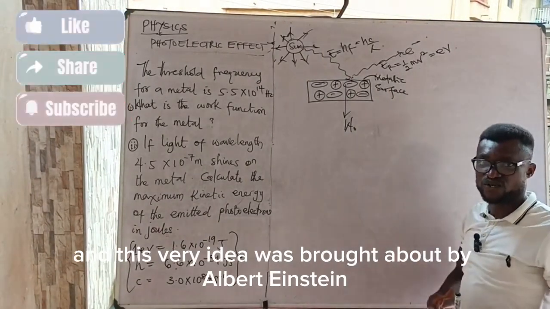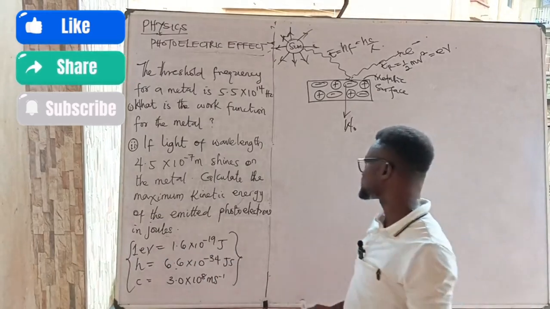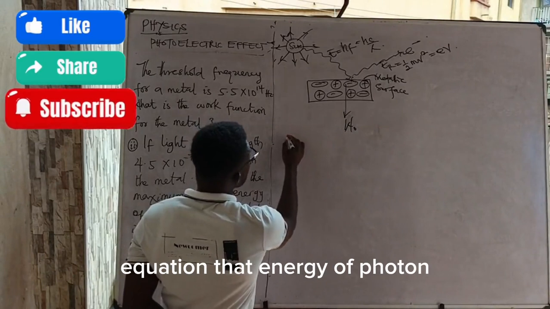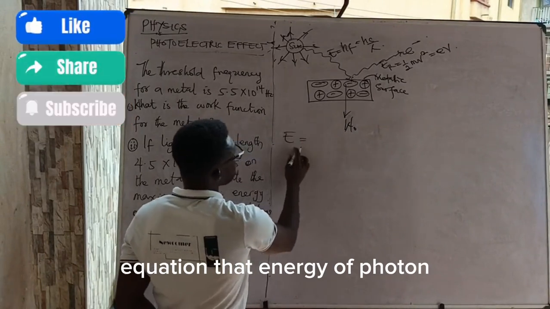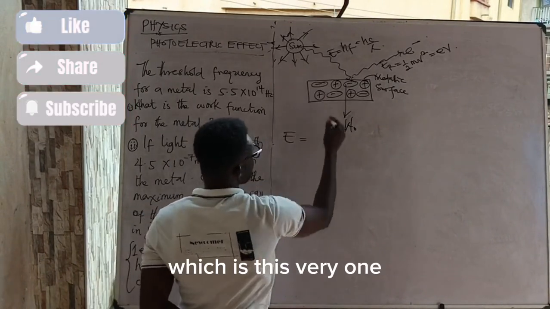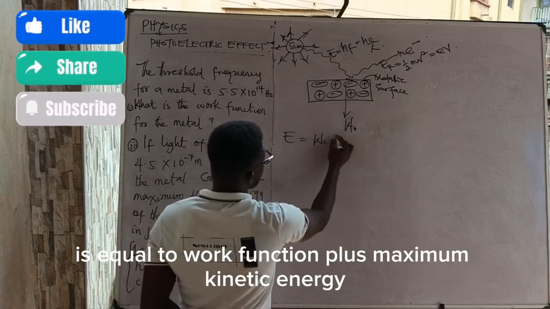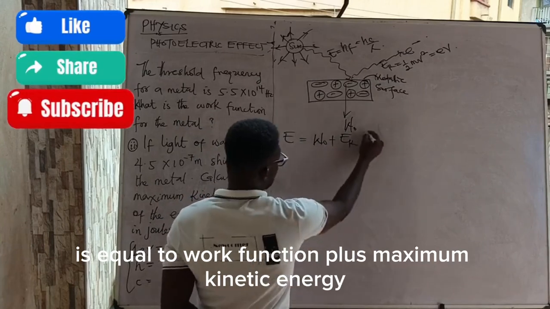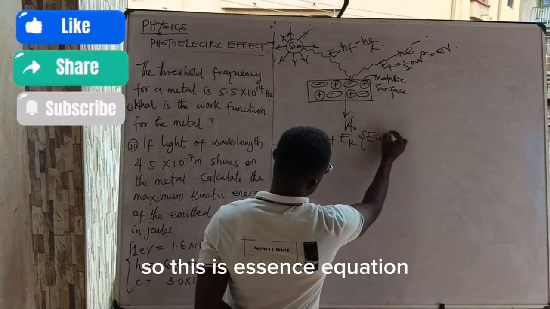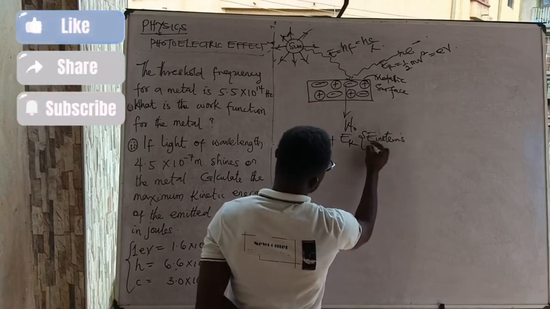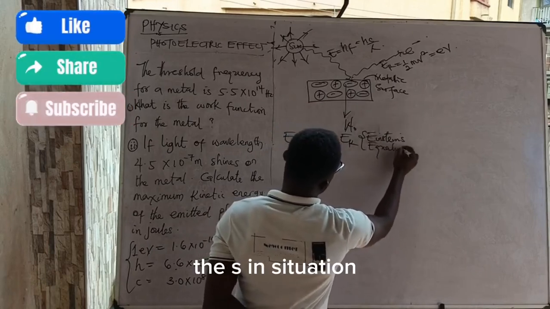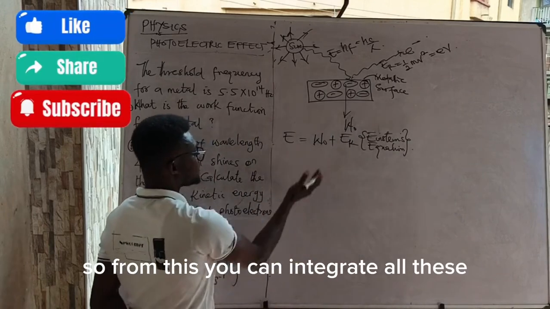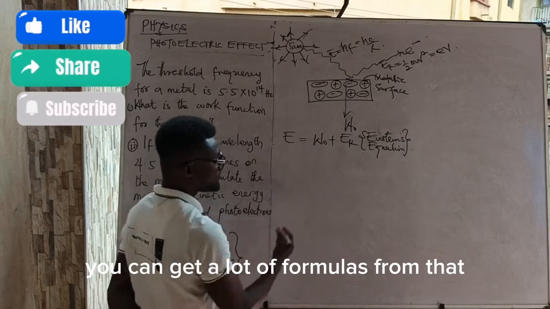And this very idea was brought about by Albert Einstein, where he states in his equation that the energy of the photon, which is this very one, is equal to the work function plus the maximum kinetic energy. So this is Einstein's equation. From this, you can get a lot of formulas.